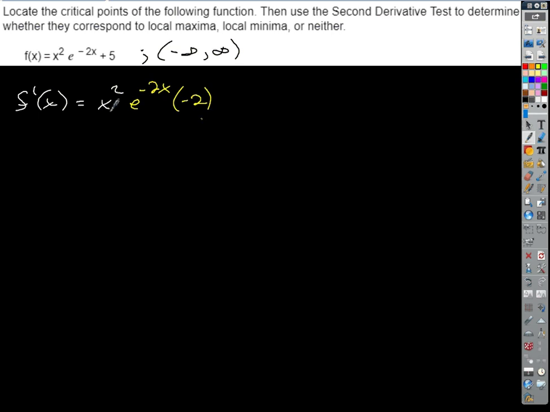So there's x squared times the derivative of the exponential plus the exponential times the derivative of x squared, which is 2x. And then I could factor this, right? Let's do that. I could take out an e to the negative 2x times a 2x, couldn't I? Yeah. Right?